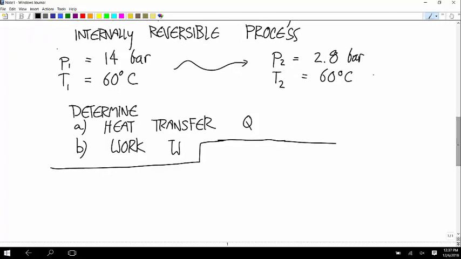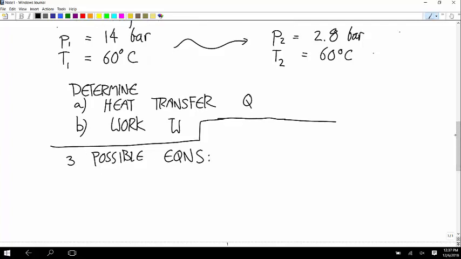Okay, so we have basically three equations that are candidates to use. One is the first law.